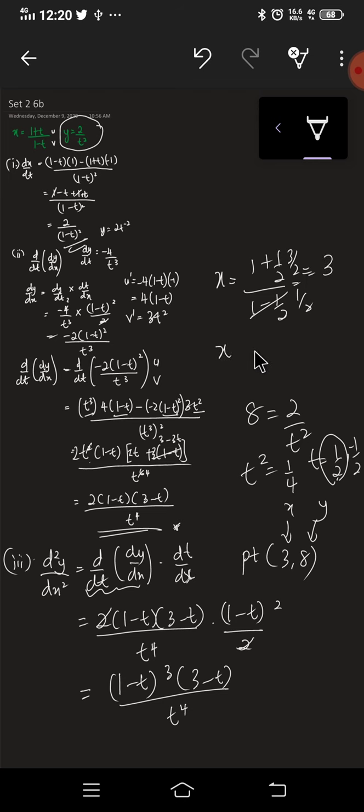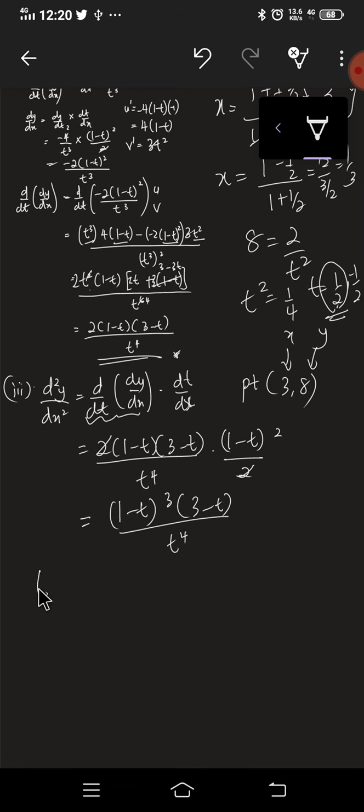If we take the value of negative 1 over 2, so 1 minus 1 over 2 divided by 1 plus 1 over 2, 1 over 2 over 3 over 2, so we get 1 over 3. So we have to take the value of 1 over 2 only. So here we need to substitute t equal to 1 over 2 only.